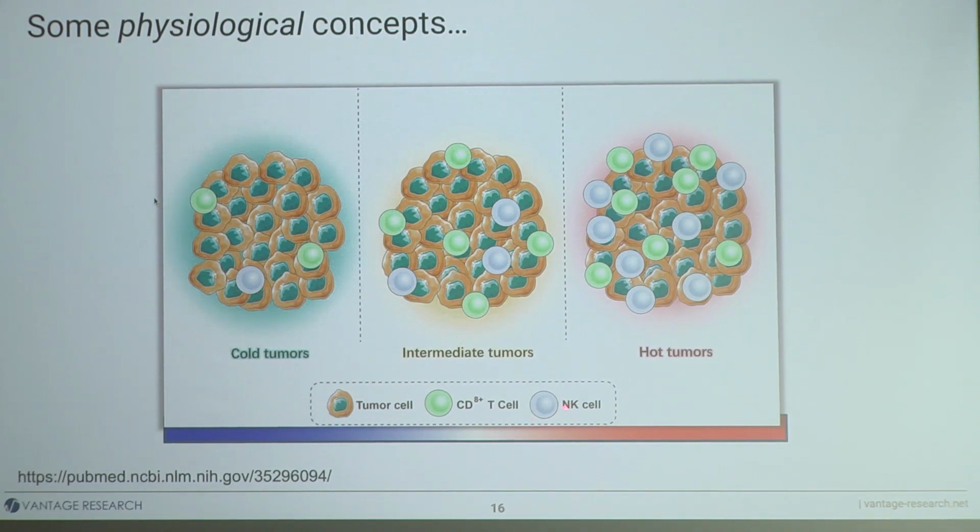So the CD8 cells, NK cells, if they are flooding into your lesion, this lesion at least you have a fighting chance against, because your immune system has tracked this. All the way at the other end are very clever lesions. These have somehow escaped detection, and these are called cold lesions. So there are hot lesions, cold lesions, and obviously this is not a binary scale, so there are intermediate lesions as well.